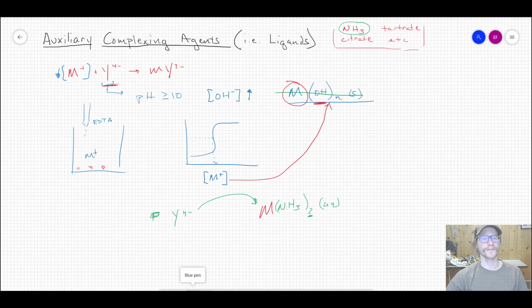And so often what you'll see are EDTA titrations of hydroxo-prone metals, things like zinc or iron, etc. Those things end up wanting to precipitate out as the hydroxide solid, so we use ammonia in those cases with EDTA. But the problem is then that now you're complexing your metal with another complexing agent.